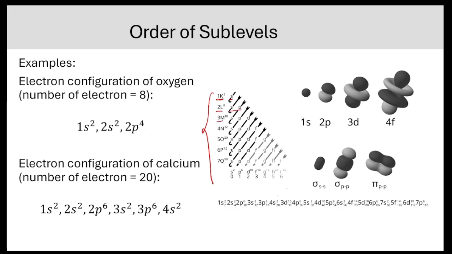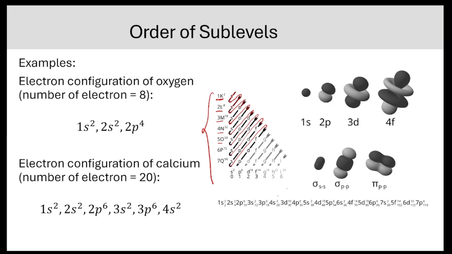The third energy level has s, p, d. The fourth has s, p, d, f. The fifth has s, p, d, f, g, and so on. If you look at this diagram, you can see the arrows moving like this, and the way we determine the electron configuration is by following this arrow.